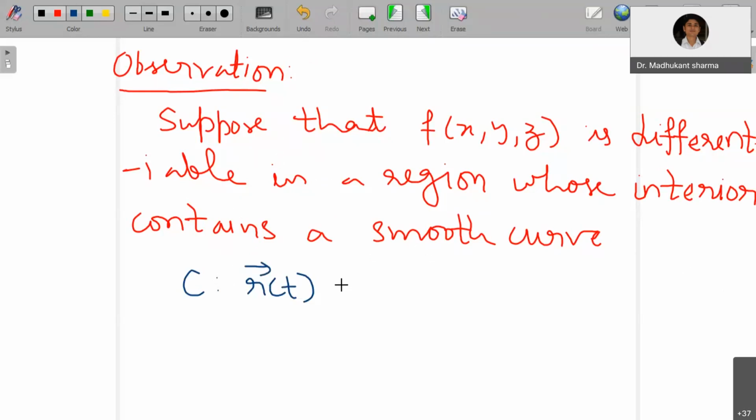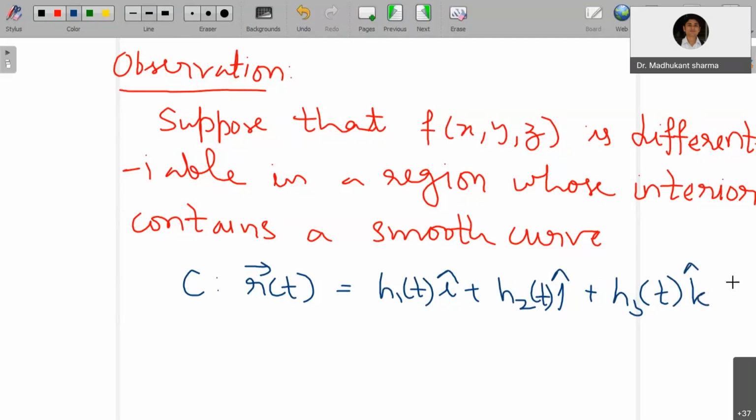I'm just writing this as h1 of t i plus h2 of t j plus h3 of t k, because g is already reserved for something else, so I don't want to use it here.